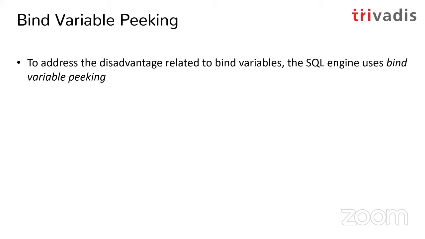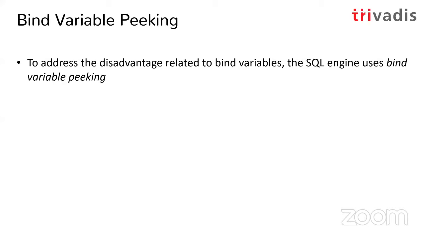Okay, now, as I was saying before, when discussing the disadvantages of using bind variables, this is where bind peeking must be discussed. To address the problem of replacing a literal value with a bind variable, and the disadvantage for the optimizer, Oracle introduced bind peeking. Bind peeking is nothing else than the SQL engine checking the content of the bind variable before parsing a statement.